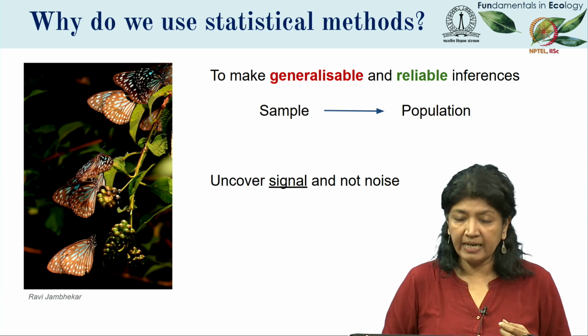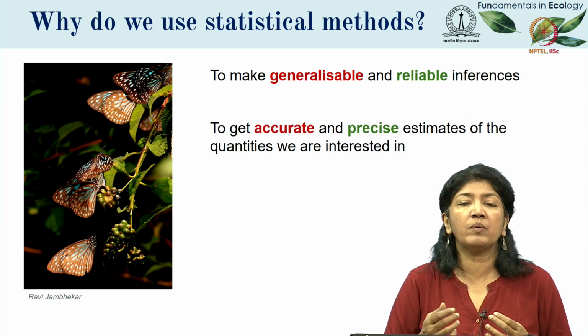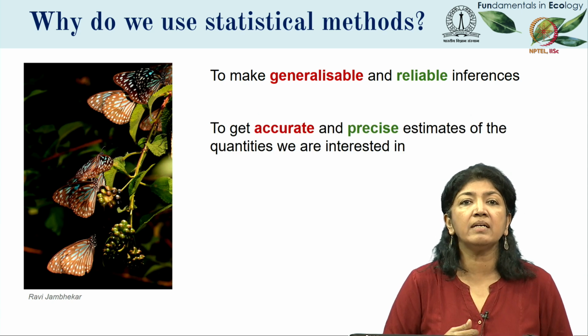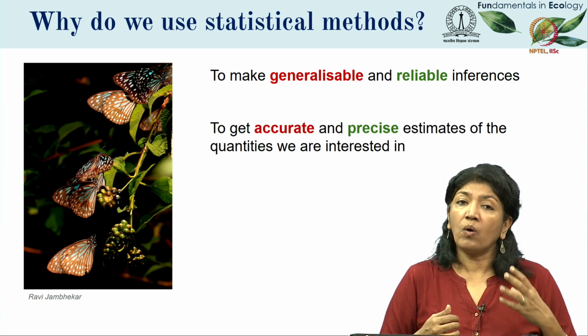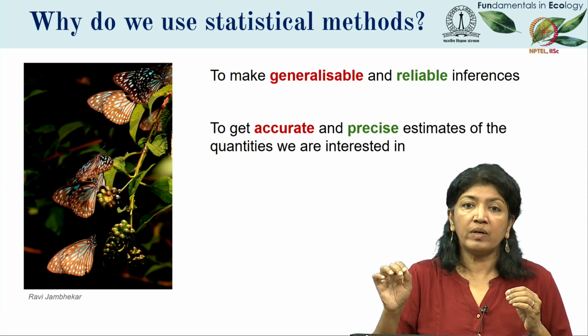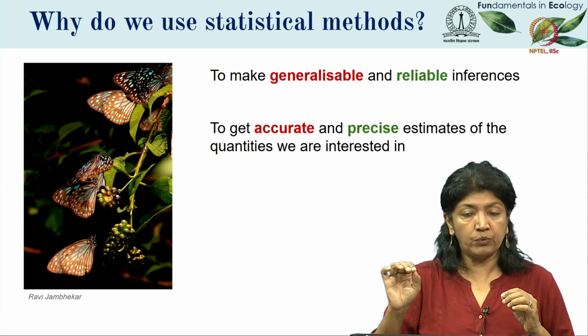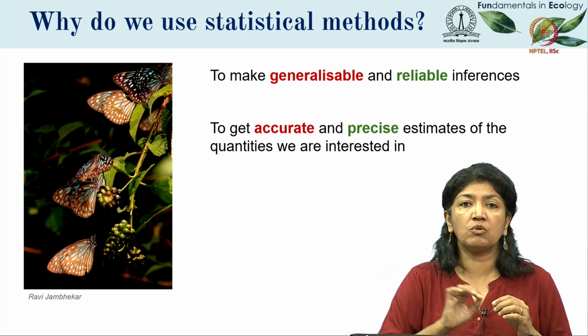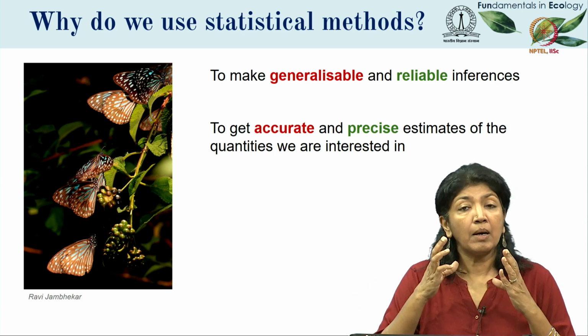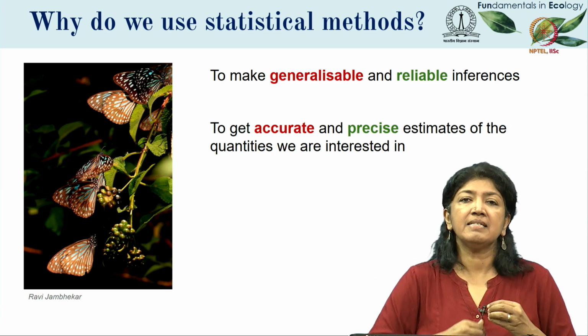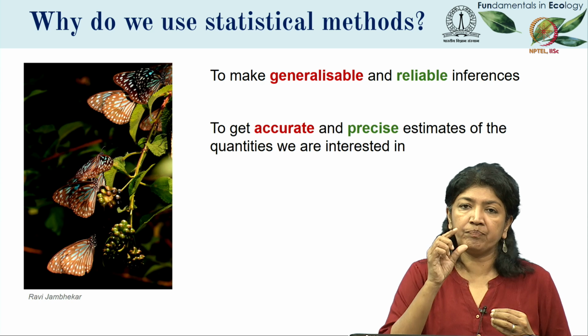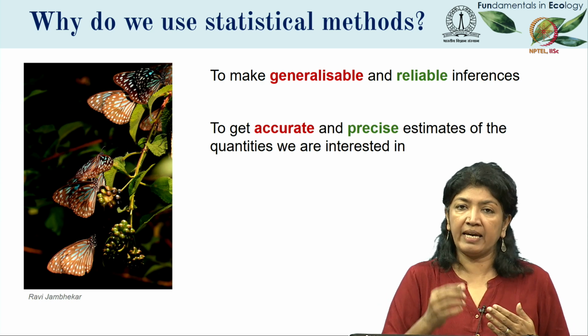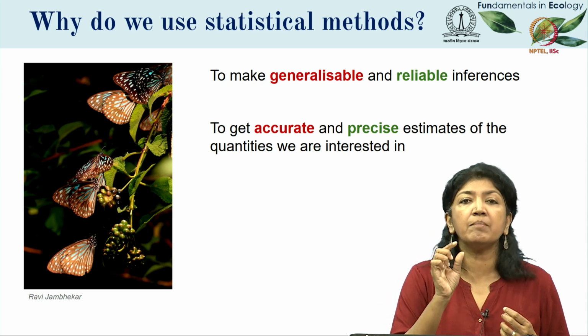So, to reiterate some terms that we used in the study design component, what we want to do is to get accurate, meaning we get to the population parameter as close to it as possible, and precise estimates, that is reliable estimates. If we were to do the study again, we would get very similar estimates.